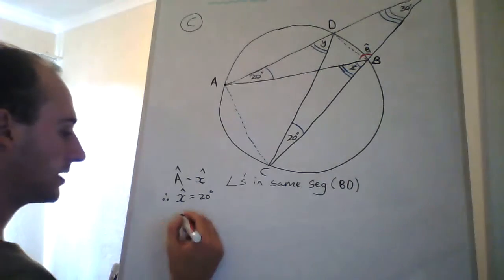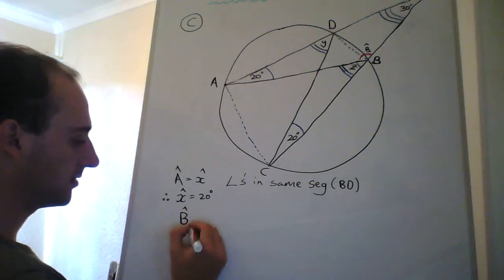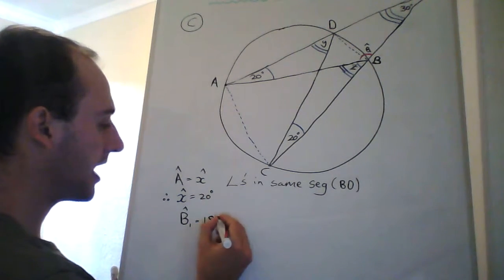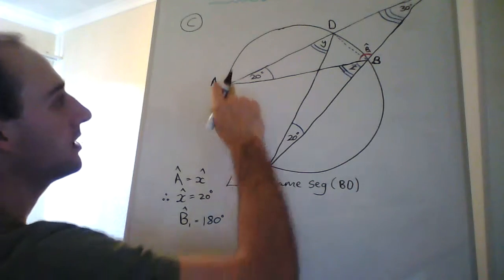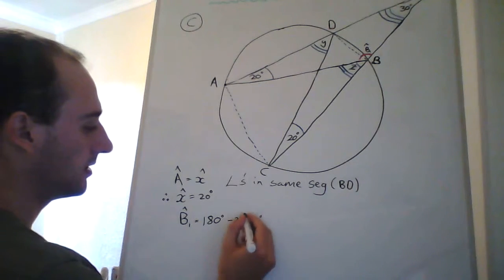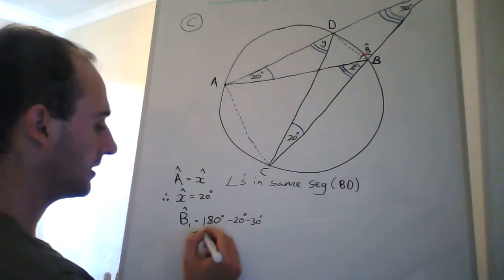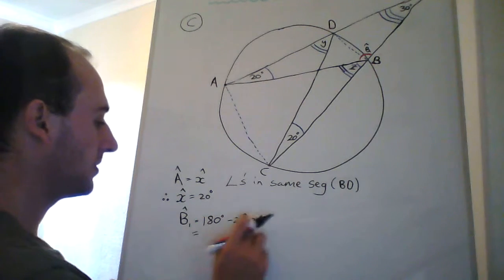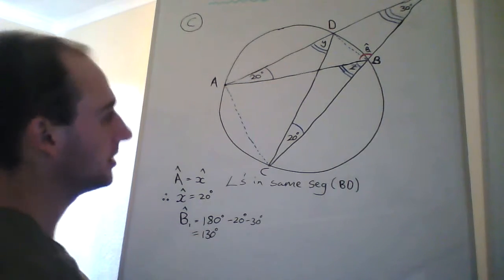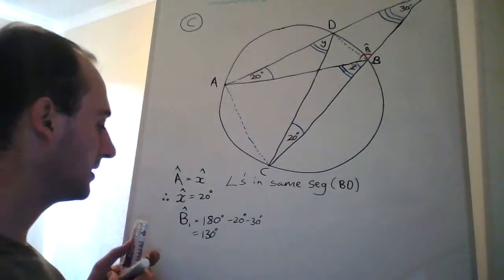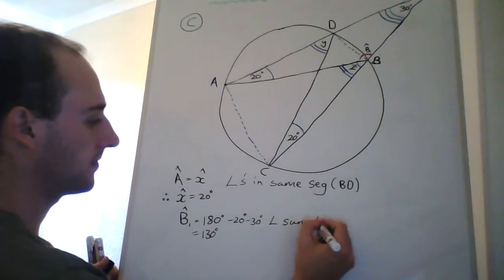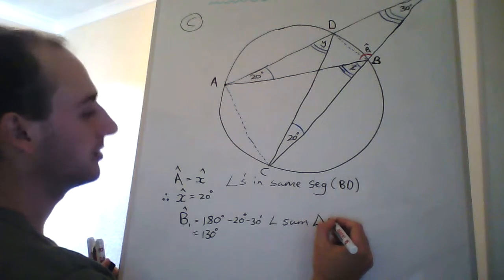Okay, I know that angle B1 is going to equal 180 degrees, the angle sum of the triangle. It's going to equal 180 degrees minus 20 minus 30 degrees. Okay, and so from that we have the triangle going to sum up to 50. It's going to equal 130 degrees. Okay, that's really nice. So this is just a standard angle sum of triangle. And this is triangle APB.